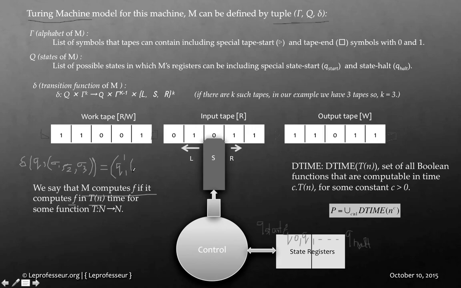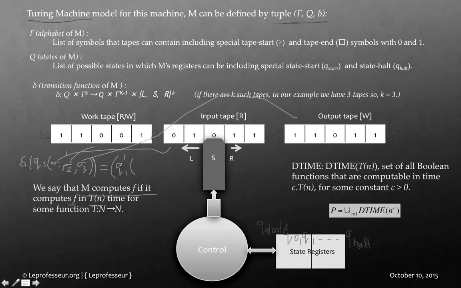And what would be the next new symbols on the tapes? Sigma 1 is for input, sigma 2 is the work tape, and sigma 3 is your output tape.